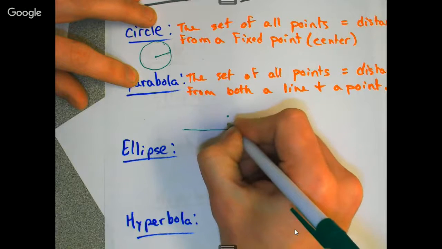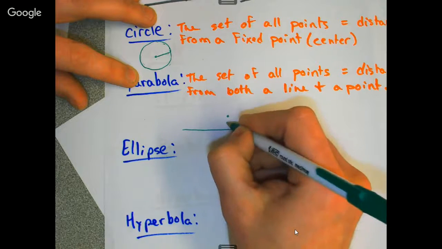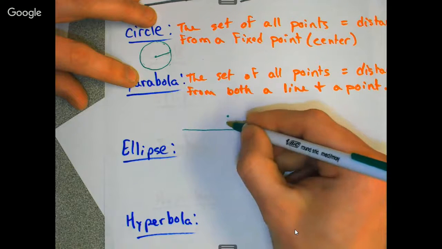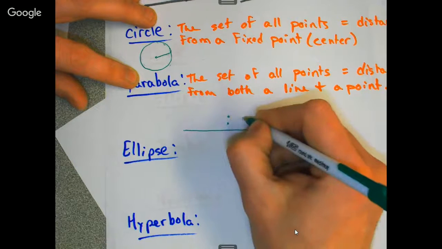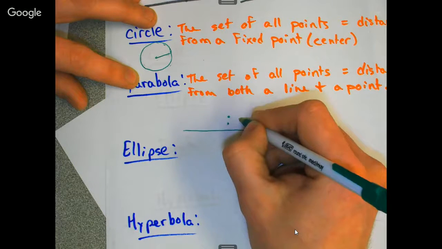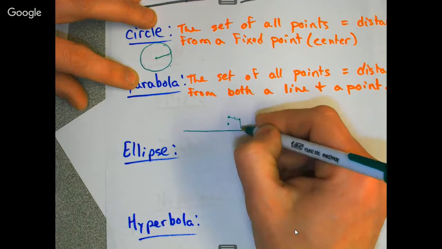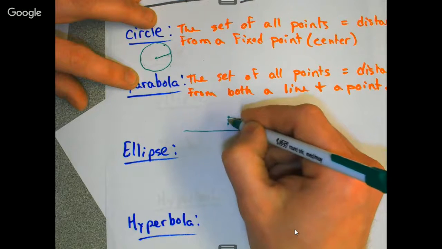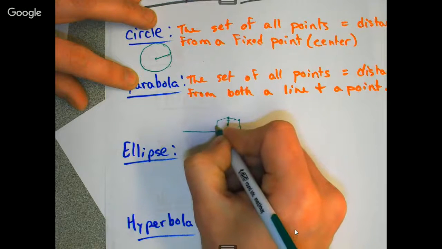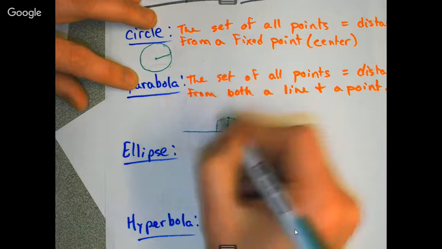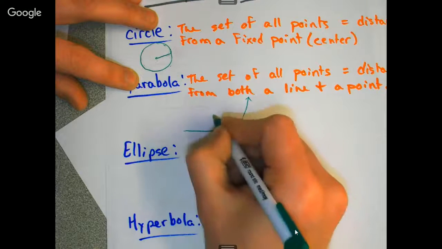If I go halfway between, from here to here is the exact same distance as the line to that point. Now if I come out here, let's say to here, this distance should be the same as this distance. And we said this one was the same as this one. Then I'd come over here and say that one's the same as this one, and this pattern continues forever until I get a parabola.